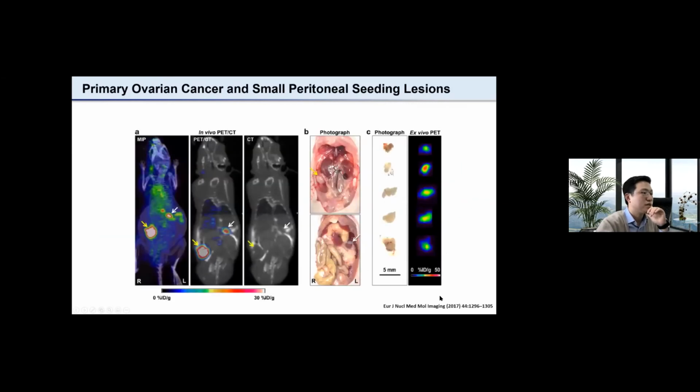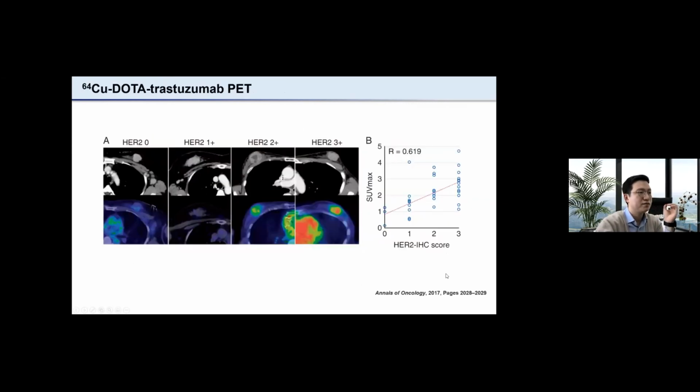So this kind of study has been done by a lot of research groups, and now trastuzumab or pertuzumab based antibody immunoPET tracers are used in the clinic for research purposes, for patients. In this study, they performed HER2 imaging using copper trastuzumab PET.